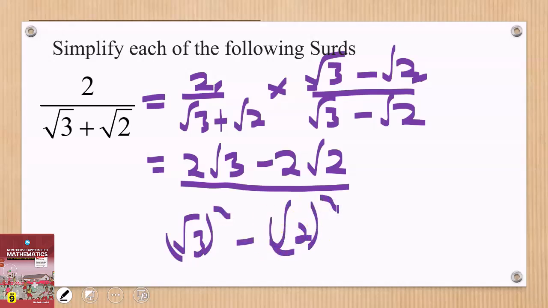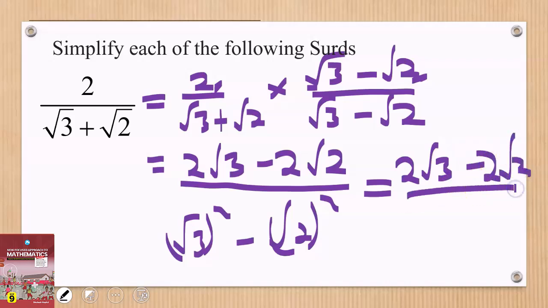That's what it means. So I can square the 3 and square the 2, which will give me 3 minus 2. Right, so I can easily write this answer as 2 root 3 minus 2 root 2, all divided by 3 minus 2, which is 1. So finally, any number divided by 1 is the same as the number, so I can leave my answer as such.